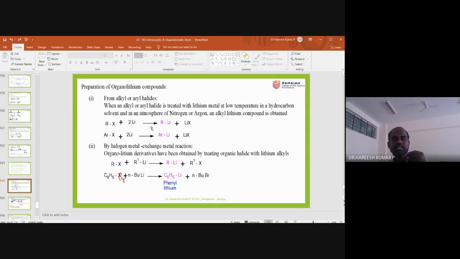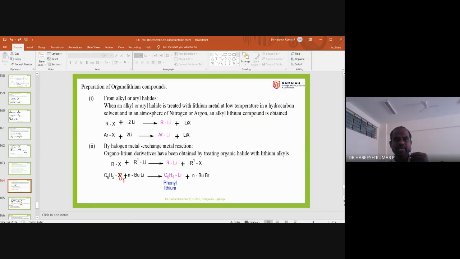Overall, the first method of synthesis of organolithium is the reaction of alkyl halide or aryl halide with lithium metal, which leads to alkyl lithium or aryl lithium. And the second method is the halogen metal exchange reaction.